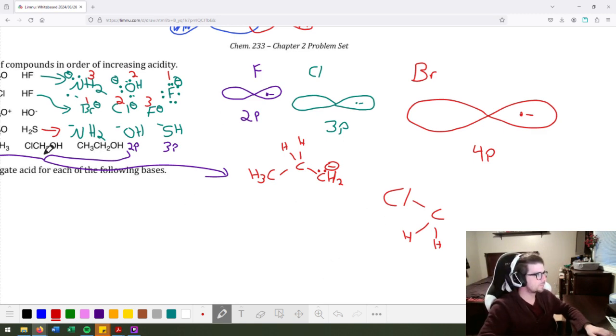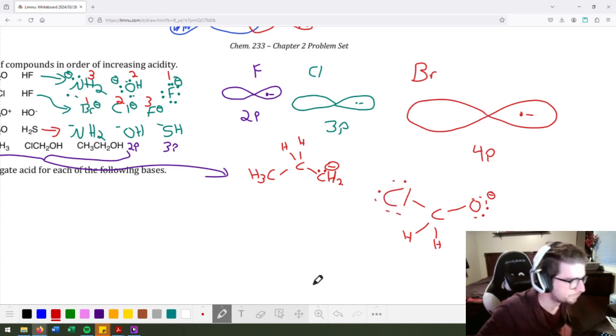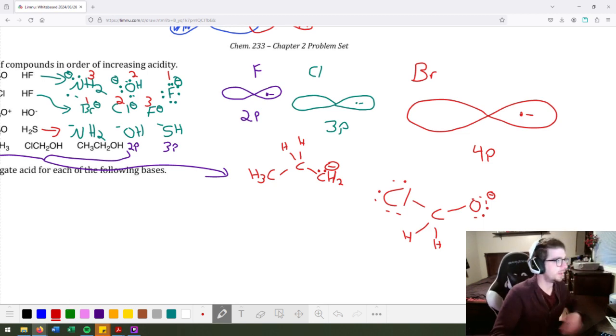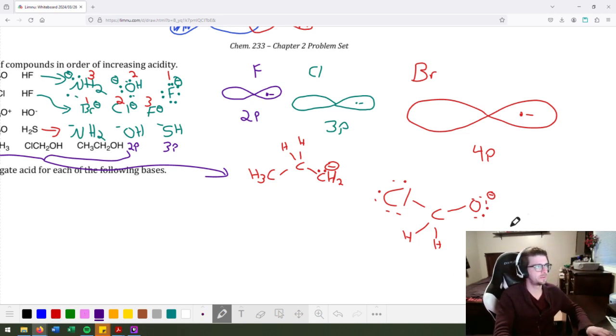Okay, so where was it? Cl, CH2, and then O minus, because we're drawing the conjugate base. And then the third one is just ethanol. Whoops, ethoxide, forgive me.